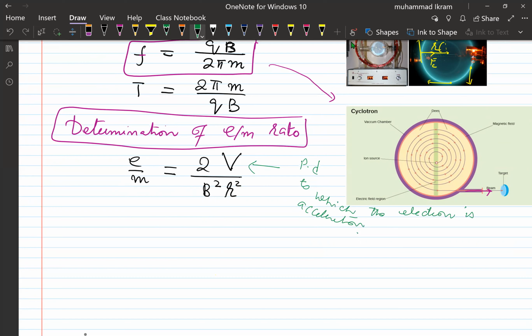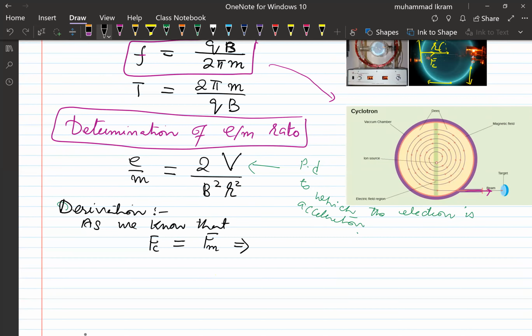Let me derive this for you. As we know, whenever the electron is projected into the magnetic field, the required centripetal force will be provided by the magnetic field.